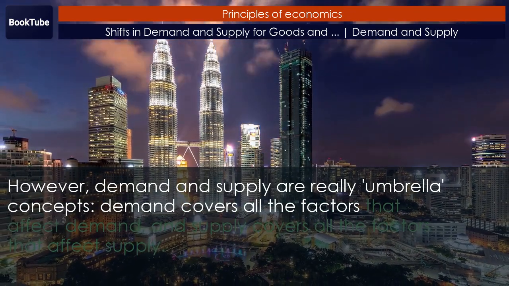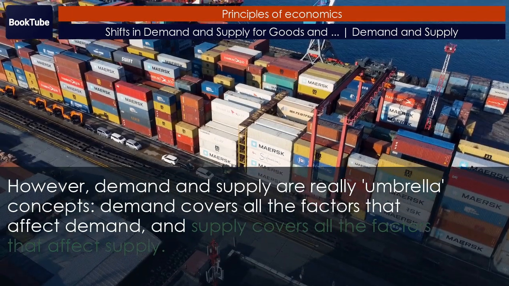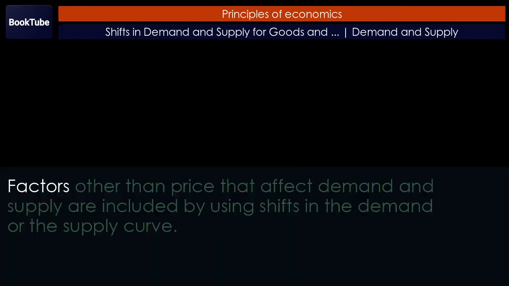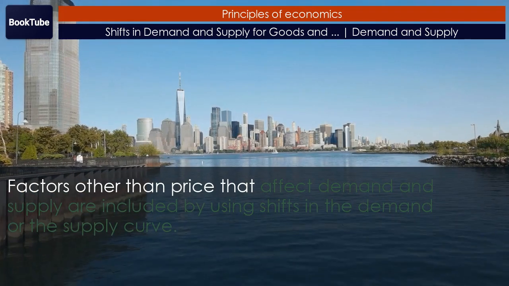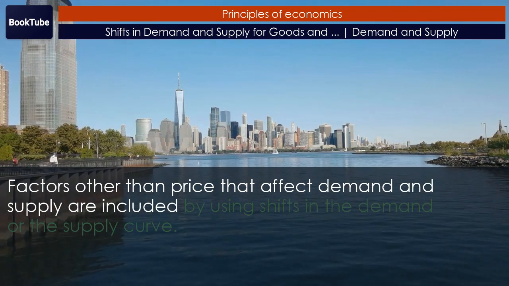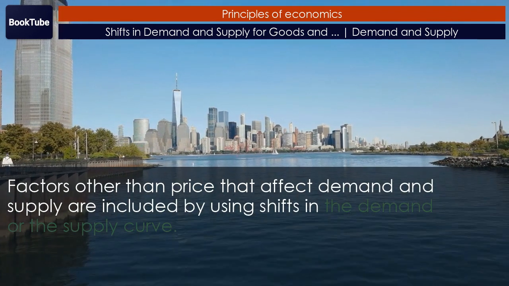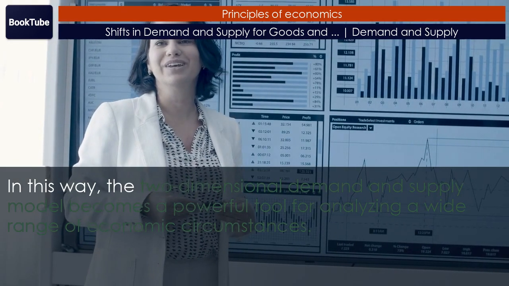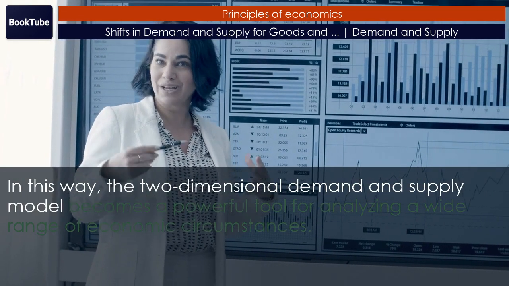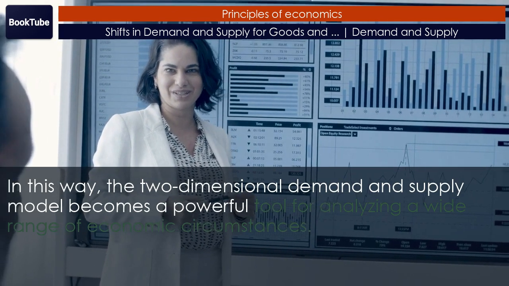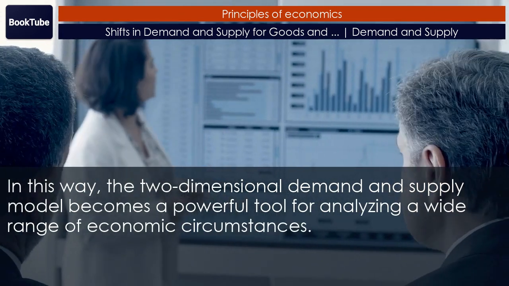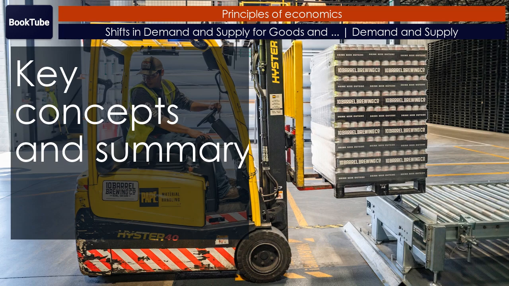Demand covers all the factors that affect demand, and supply covers all the factors that affect supply. Factors other than price that affect demand and supply are included by using shifts in the demand or the supply curve. In this way, the two-dimensional demand and supply model becomes a powerful tool for analyzing a wide range of economic circumstances. Key concepts and summary.